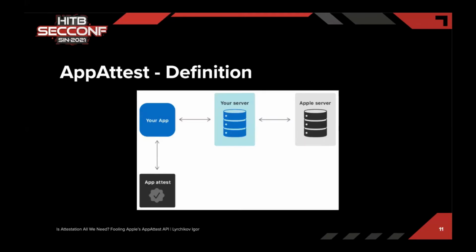And as I said, AppAttest is a relatively new technology, and first of all, we need to make an intro to this problem. On the screenshot, you can see the default image of interactions between the application on the client side and the backend on the right side.